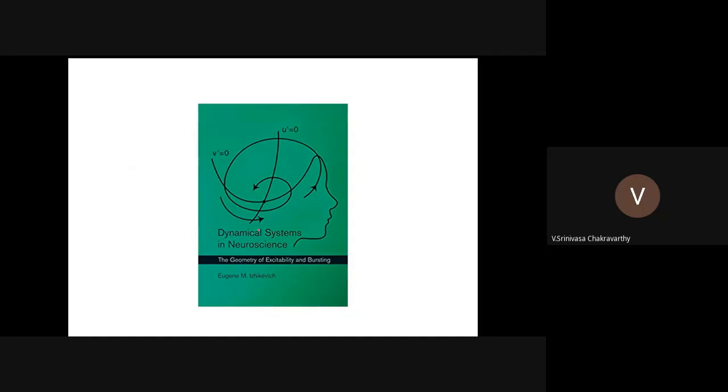Now this neuron model I am using from this excellent textbook by Izhikevich called Dynamical Systems in Neuroscience. This is figure 4.4 from chapter 4 of this book.